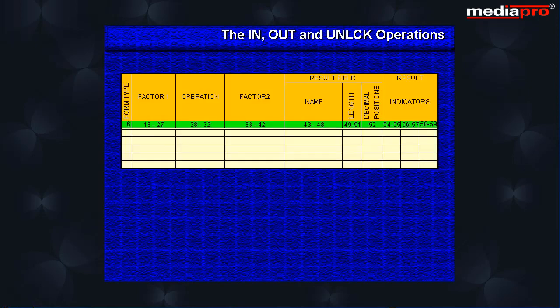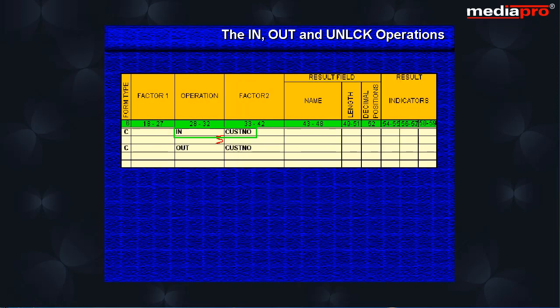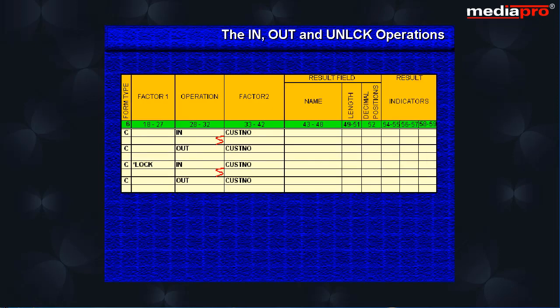The operations that can be used with data areas are IN, OUT, and UNLCK. The IN operation is used to retrieve the contents of the data area into the program. Factor 2 must contain the field or data area name that was specified in the result field of the DEFN operation.